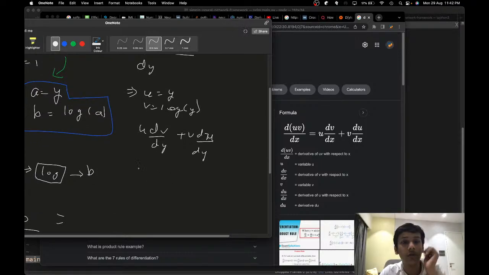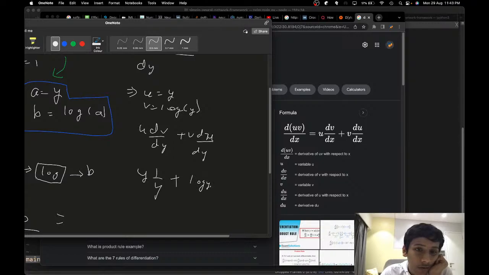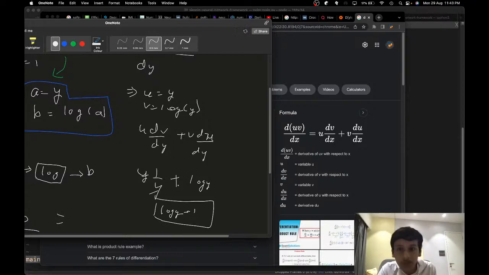So it's gonna be y times 1 over y plus, v will be log y times 1. So the answer is log y plus 1. Is that correct? Alright, let's hope that's correct.